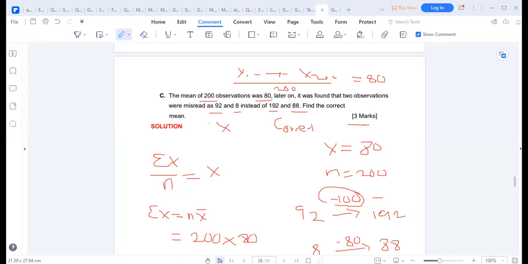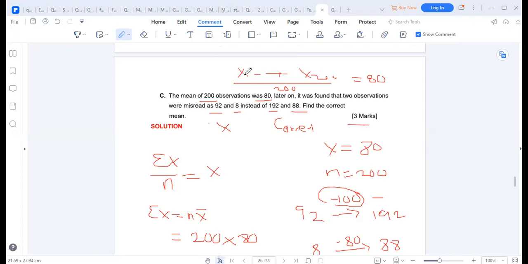Are we together on that? So which one is x1 and x2? The ones we're adding, we're not given, they're just values. I said from x1 up to x200. Maybe there was a 20, 30, 40, they're just numbers. So x1 means the first observation, x200 means the 200th observation.